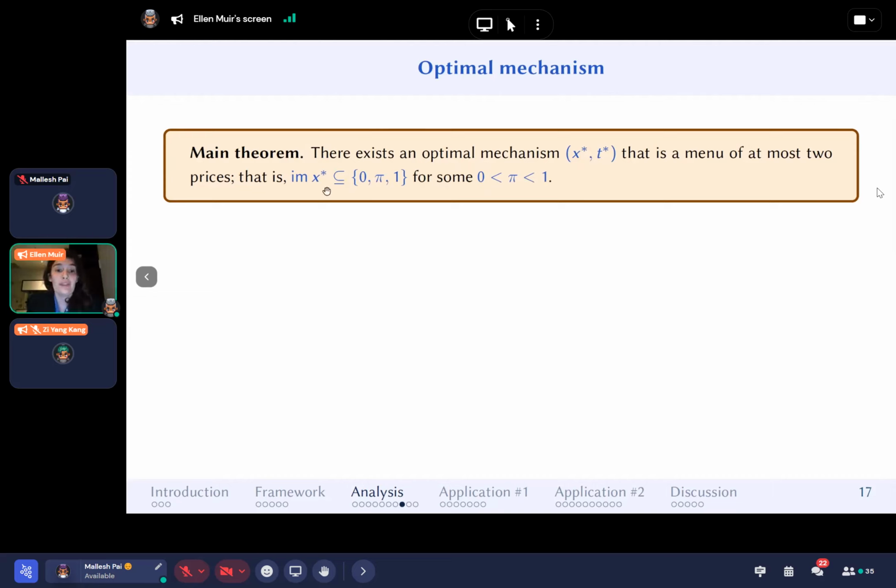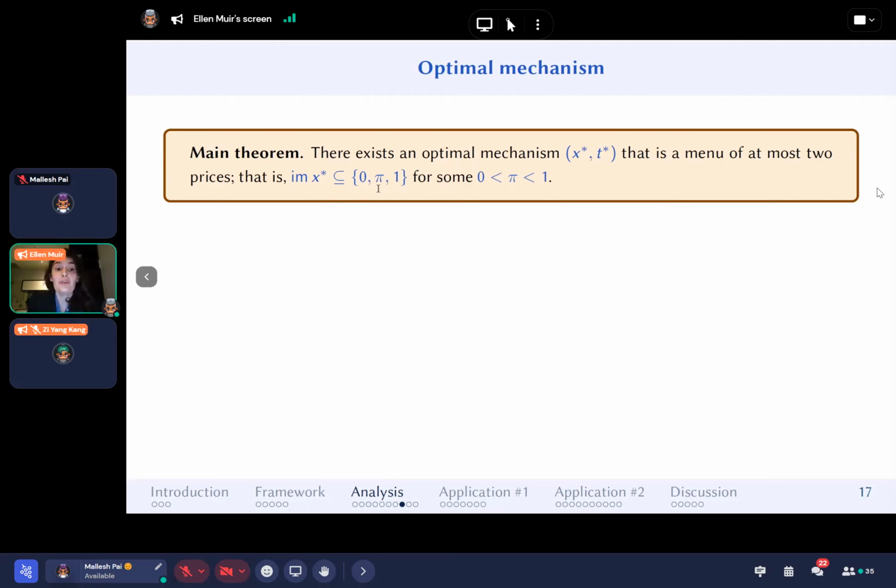In particular, this implies that the image of this optimal allocation rule contains at most 3 elements: 0, pi, and 1, for some pi that lies strictly between 0 and 1. So the optimal allocation potentially involves allocating the good with certainty to some types, not allocating the good with certainty to some types, and then rationing some of the types.